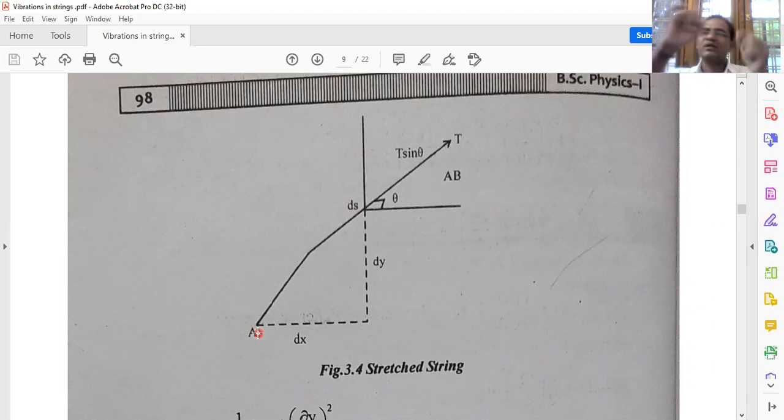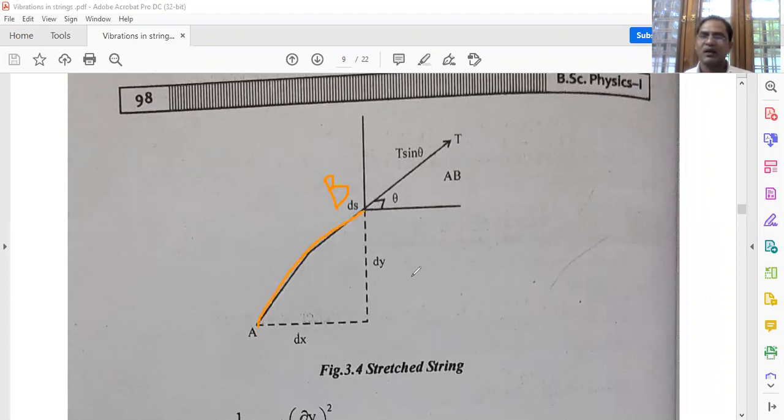When the string is in the vibrating mode, that dx becomes ds. The dx length will change into an arc shape, from point A to point B.